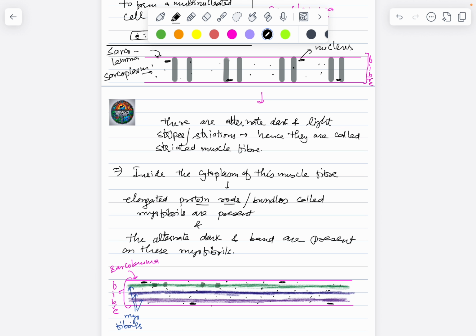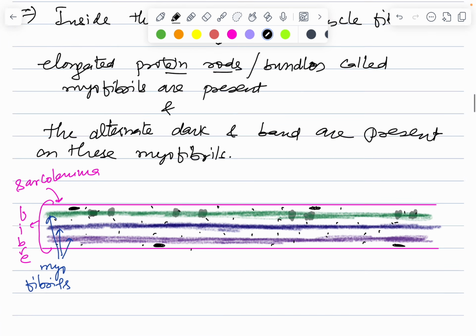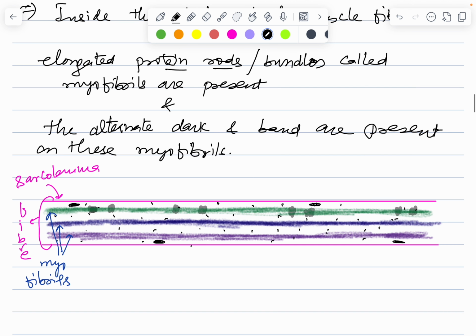I would just draw the markings first here. Now let me zoom in over here. So what do you think is this? These are the stripes, the alternate dark and light stripes, here also, on this one as well.